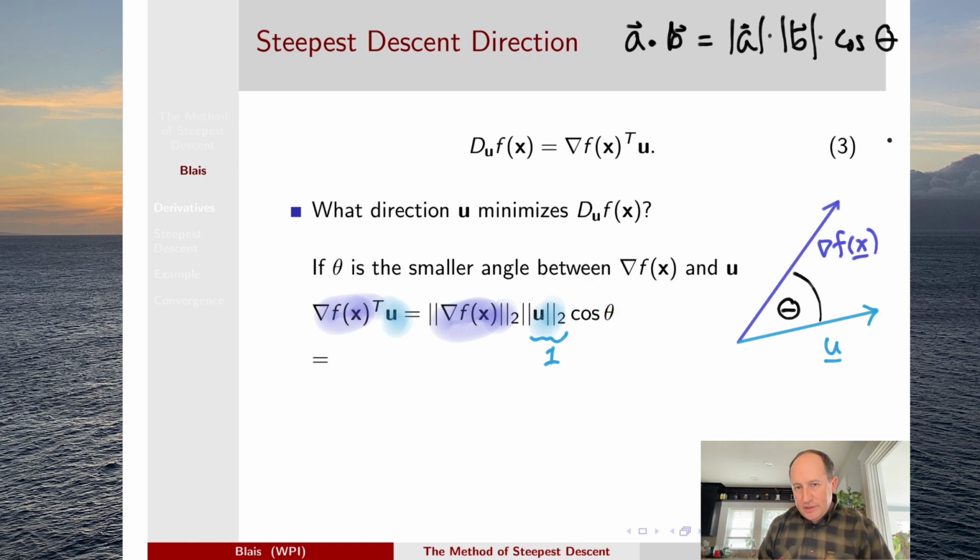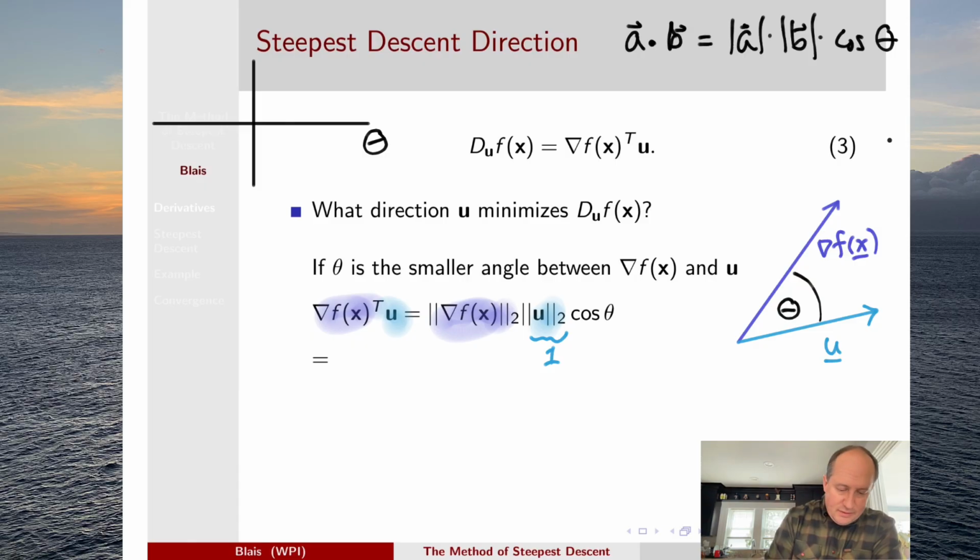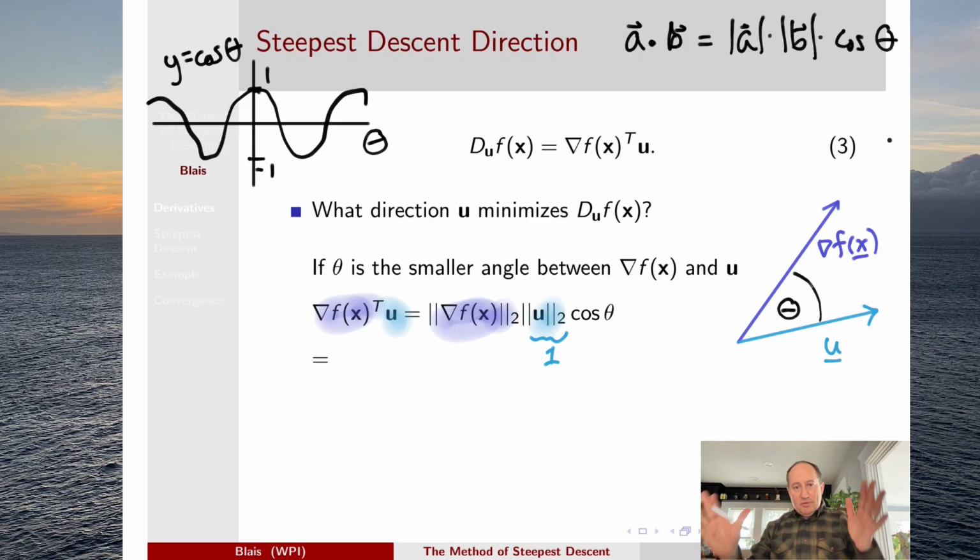So the question is, what's the smallest cosine theta can be? Well, remember that if we graph cosine theta, it's this wave function here, but its range is the interval -1 to 1. So the smallest this cosine theta can be is -1.